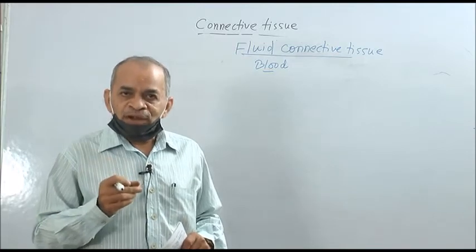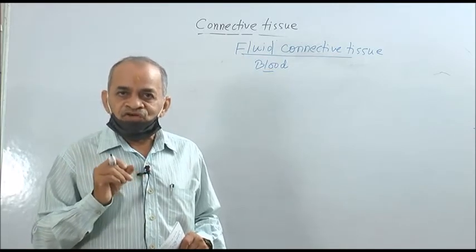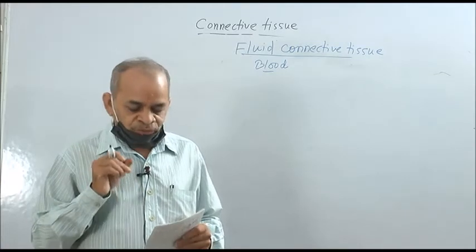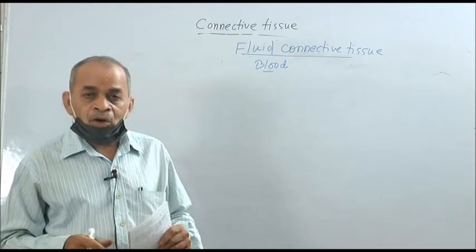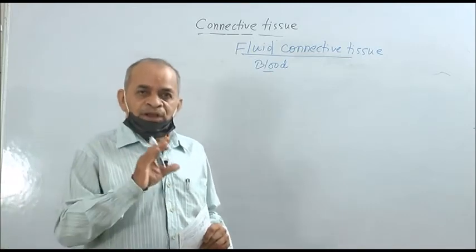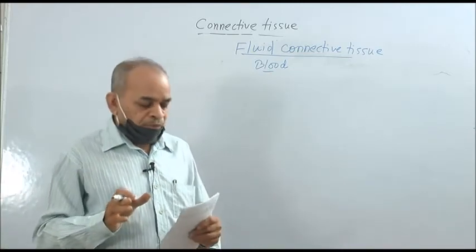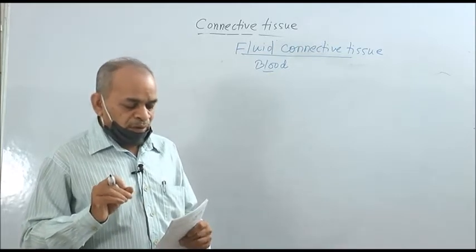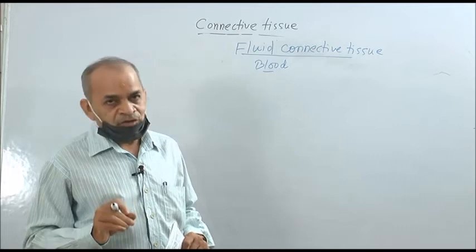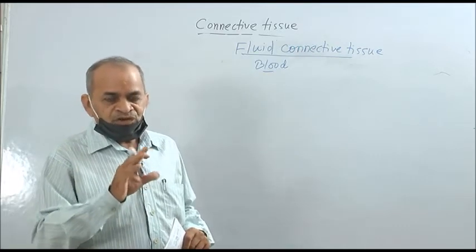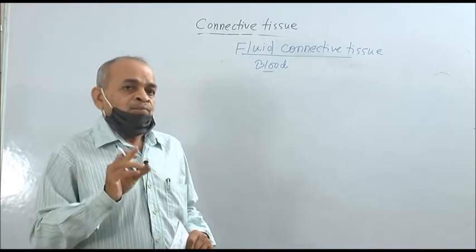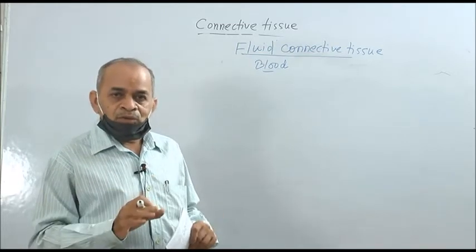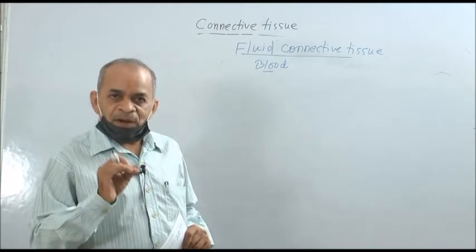Leukocytes means WBCs, white blood cells, and the platelets or thrombocytes float in a fluid called plasma, which is the intercellular substance or matrix. So here the cells are the RBC, WBC and platelet, and the intercellular substance or matrix is the plasma.